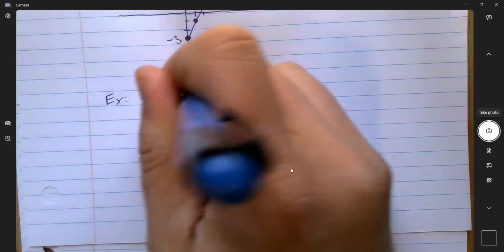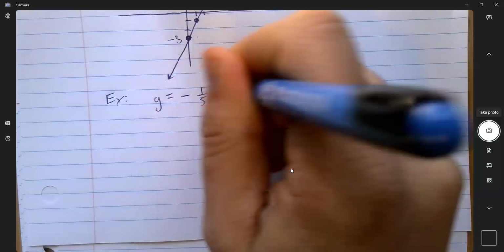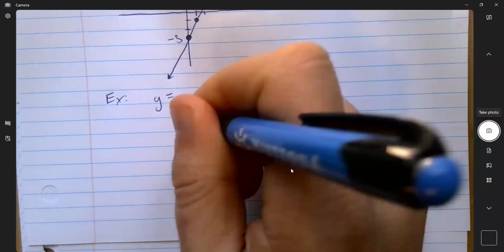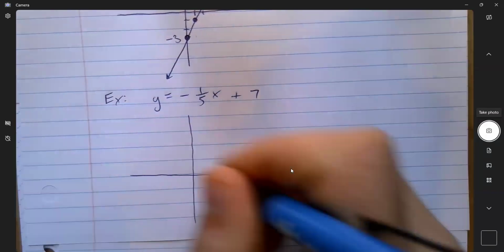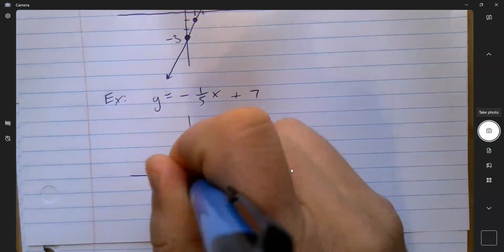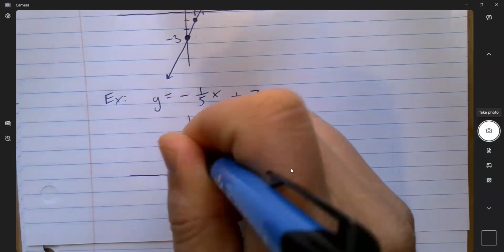Let's do y equals -1/5x plus 7. So plus 7 means 1, 2, 3, 4, 5, 6, 7.